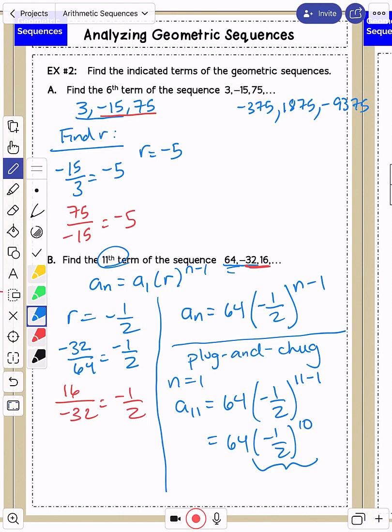It's like 0.00097, rounded to 7. So then I multiply by 64. And I get another pretty small number here, but it's equal to 0.0625. So you can kind of see why calculators are going to be important here, and we're going to have to be really careful when using them.